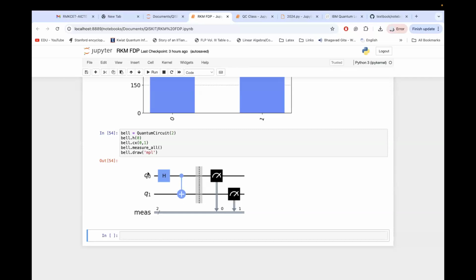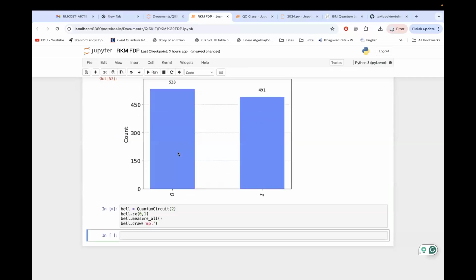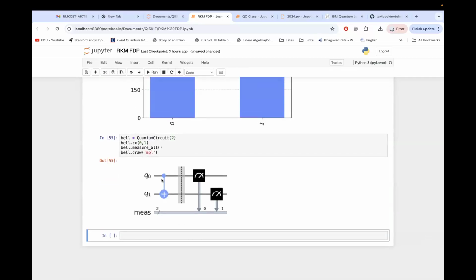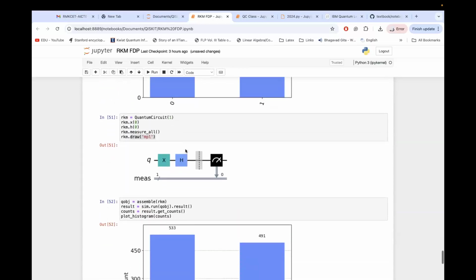For example, let's say I am applying 0, 0 to the first qubit. Just we will understand what is the CX operator. So you have 2 qubits, both initialized in the 0, 0 state. And when you apply the CX operator, we'll see what is going to happen by measuring that system.